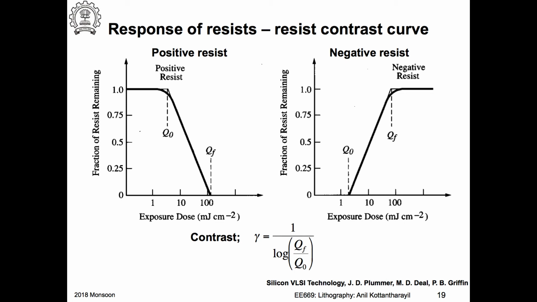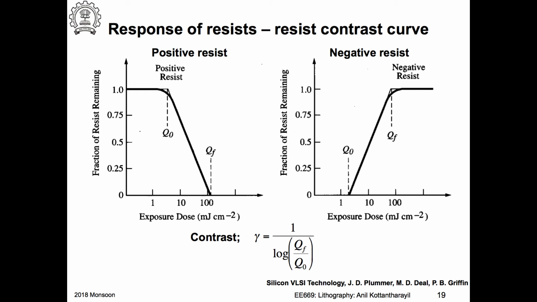In the other case, when you talk about the light intensity, you're usually talking about the power per unit area, so watt per centimeter square, and then you are interested in the energy that is actually accumulated or incident over a period of time.